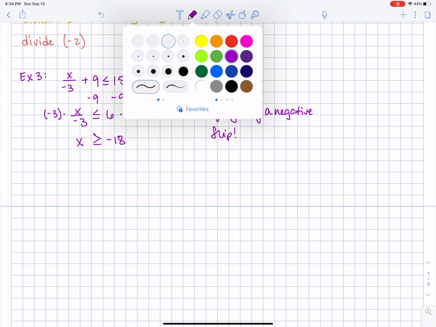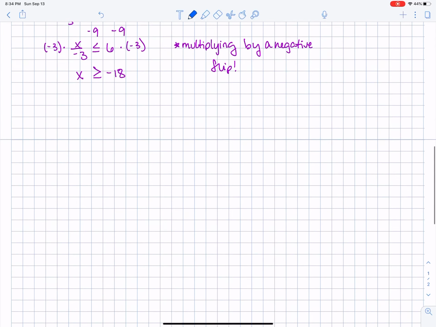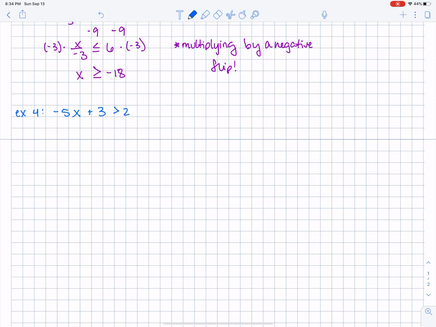All right, let's give ourselves a few more examples with flipping because it gets a little tricky. So example 4, we have negative 5x plus 3 is greater than 2 times x minus 6. So it's the same steps as we have with solving equations.